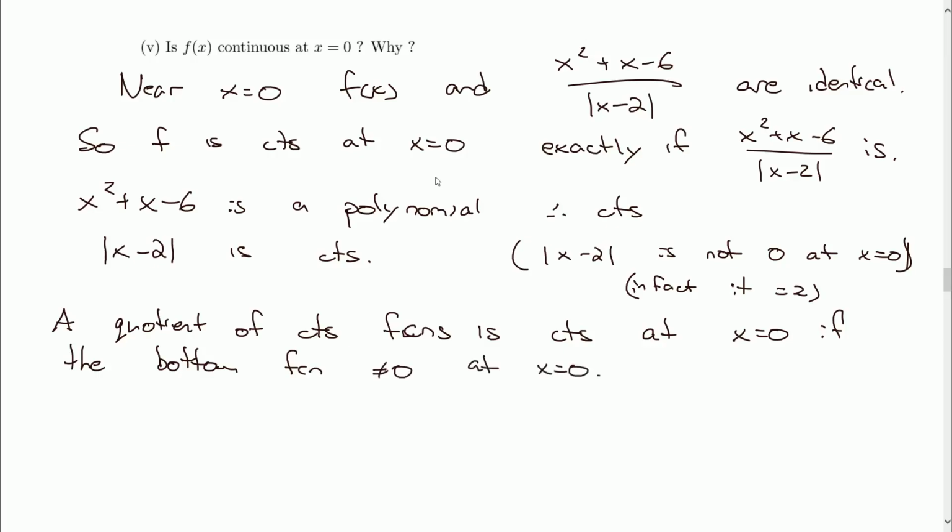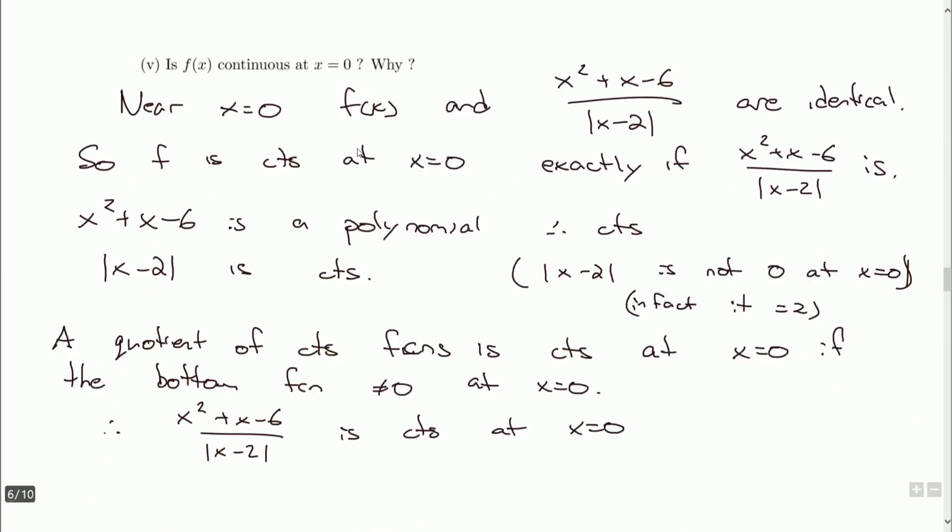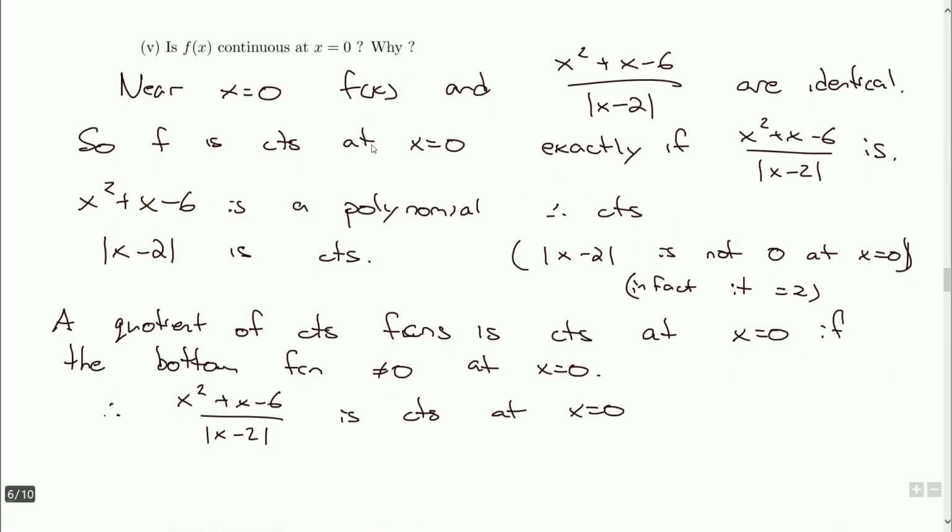We did learn this result. You're going to have to check your notes, but it really is there. So that tells me that x squared plus x minus 6 over the absolute value of x minus 2 is continuous at x equals 0. This function isn't continuous. We've seen it's not continuous at 2, but it's actually continuous everywhere else. Therefore, f is continuous at x equals 0.